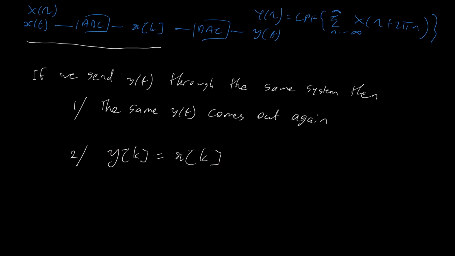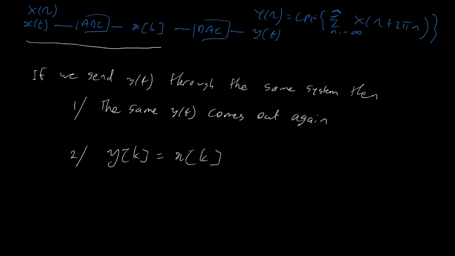The way to think of this is that I can obtain x of k by putting into the system y of t. This means that rather than put in x of t with a Fourier transform big X of omega, I can imagine that I'm putting into the system y of t with big Y of omega as the Fourier transform. Whether I put in x or y, I'm going to get the same samples x of k.